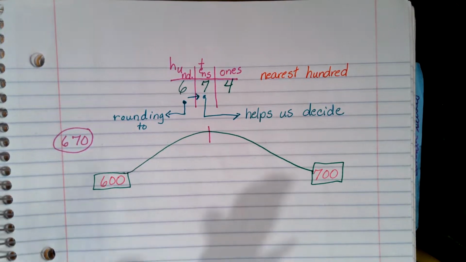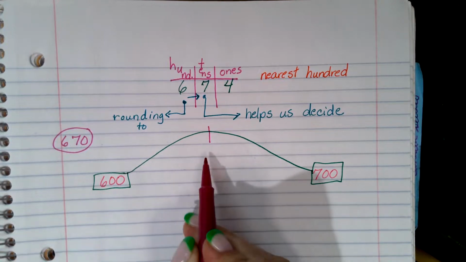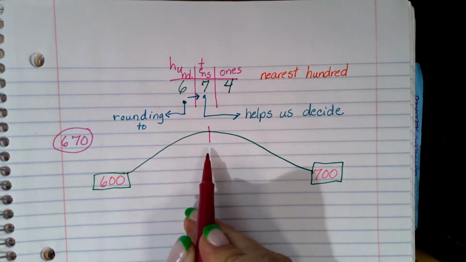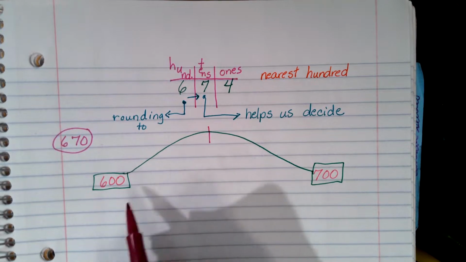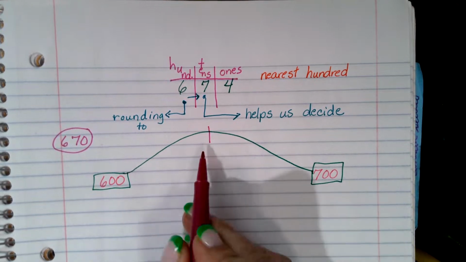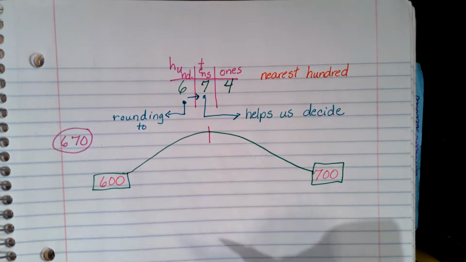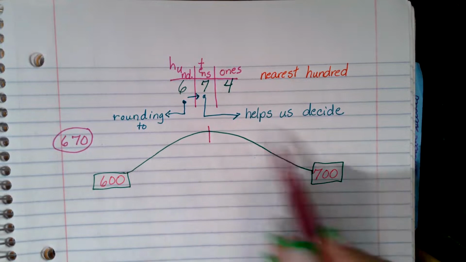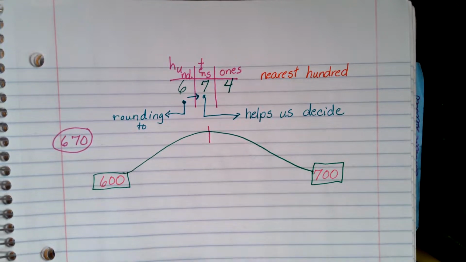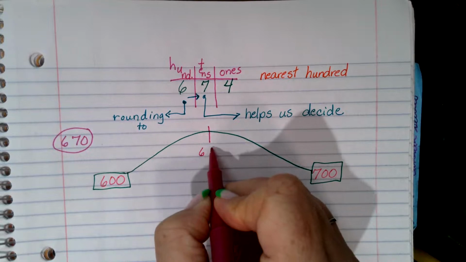The magic number is going to be halfway between 600 and 700. Every single time, when we're dealing with hundreds and tens and ones, this number will have a 5 in it. So halfway between 600 and 700, when we're counting, is the number 650.